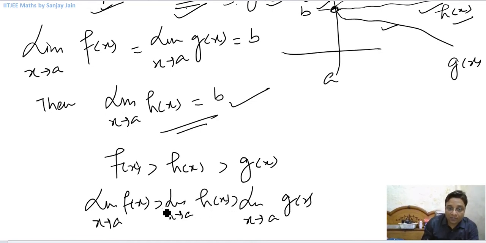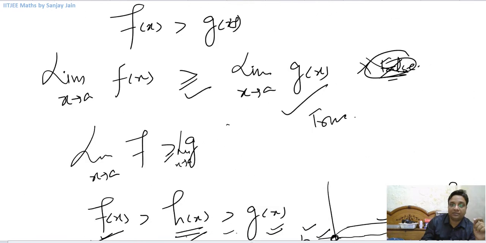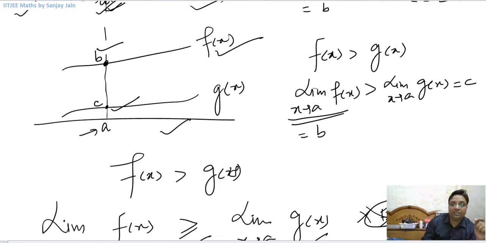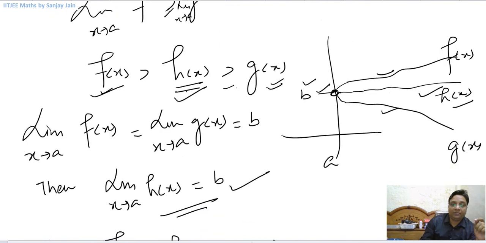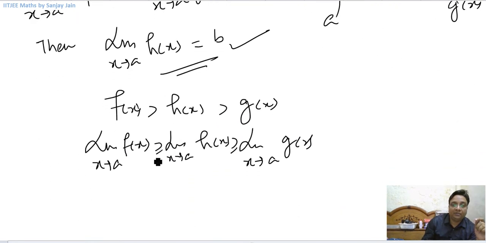Now I'll have to apply equality here. Why? Because this is what we discussed in the introduction, right here. So we will mark it greater than or equal to now, and greater than or equal to now. So if these two are equal, then this definitely will be equal to these. Okay, so this is the sandwich theorem, right?